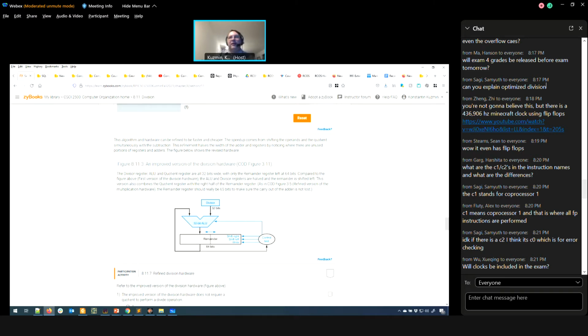All right, so it's the same algorithm, slightly modified to shift a different part of the partial result. That allows us to save on the width of the quotient register, and because of that, we can now use a 32-bit ALU. Note how the ALU dumps its result into the 32 most significant bits of this remainder register.